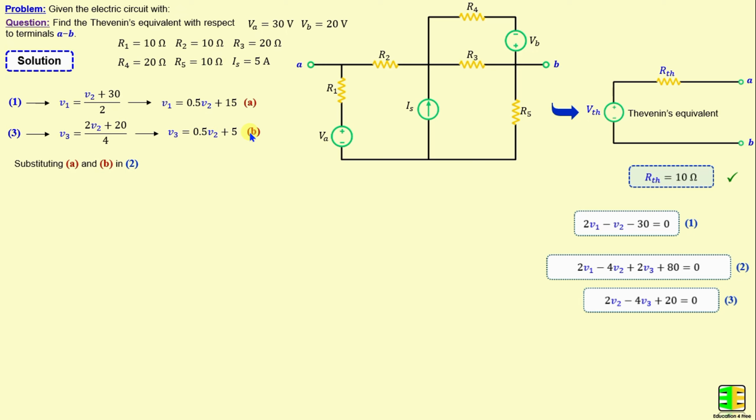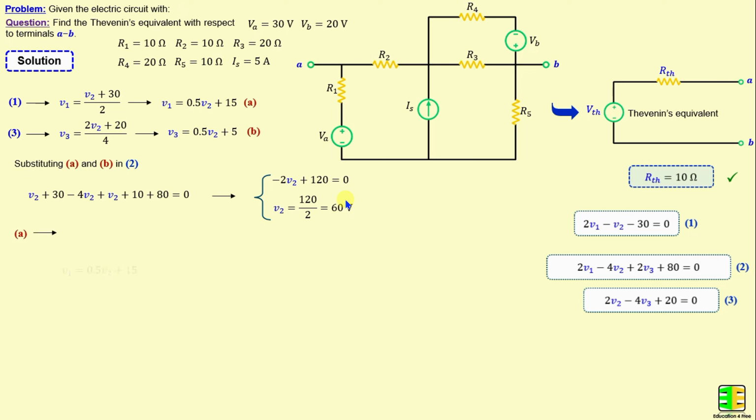Now by substituting A and B in 2, we derive one equation in terms of V2. If we continue simplifying this equation, we obtain negative 2 V2 plus 120 is equal to 0. That means V2 is equal to 120 over 2, which is 60 volts.